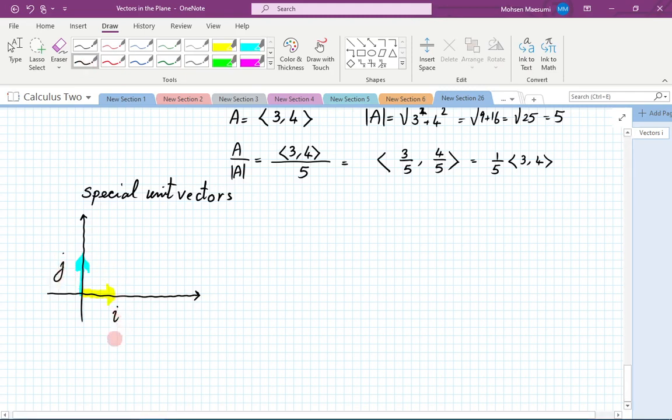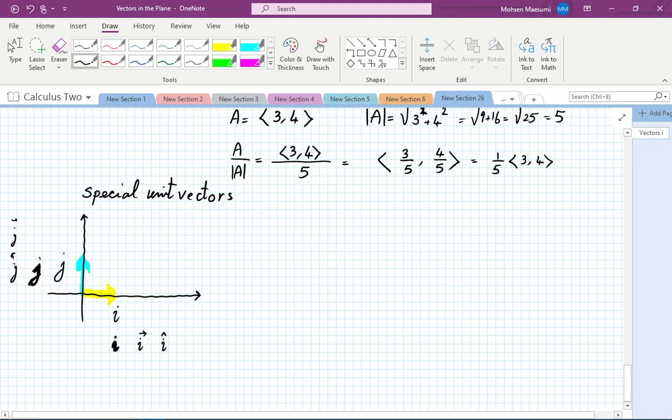And again, remember, this has to be a boldface i, or I like this. Sometimes they write it like that in textbooks, just to make sure it stands out. I have to make this boldface or put some little decoration on it to warn the reader that this is a vector, not just a number.